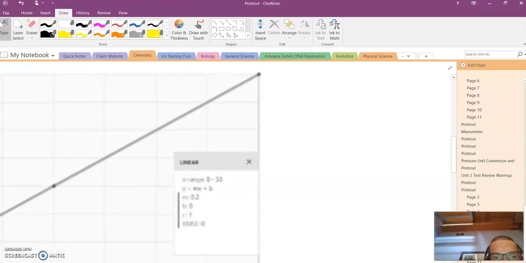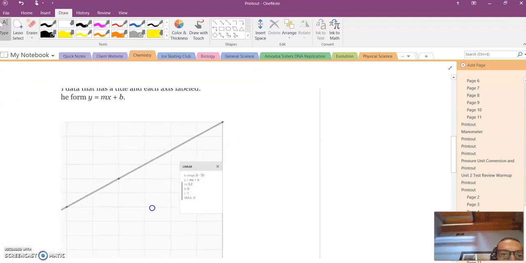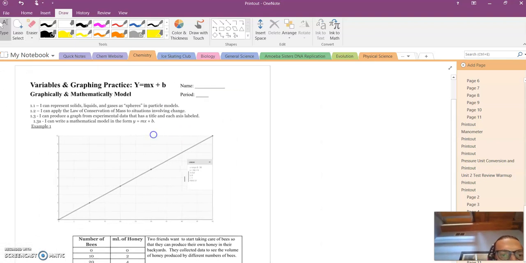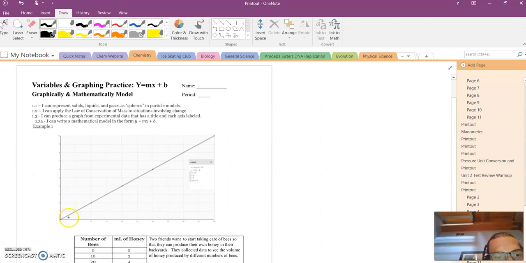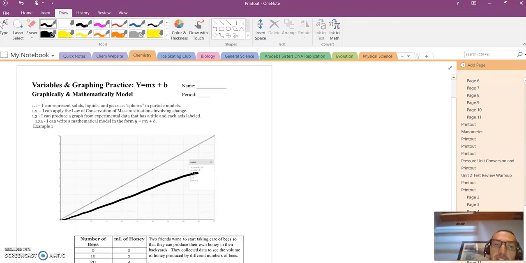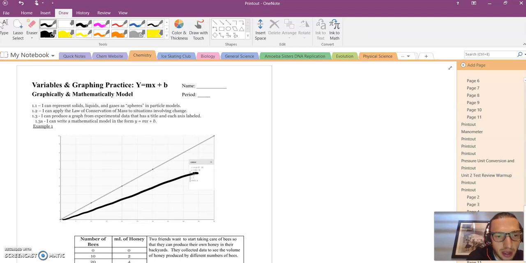We're going to talk about it later, but the slope of this one is 0.2. We use the letter m to stand for the slope. We could also have a line that looks like this. This line would have a smaller slope than the other line. It's not as steep. And then let's say this one, that line would have a greater slope than the original line because it is steeper than the original line.